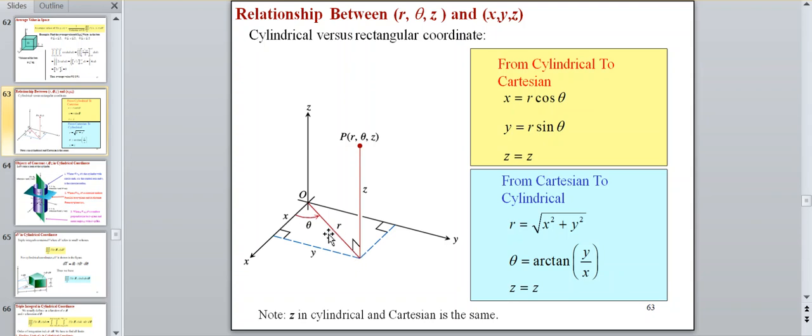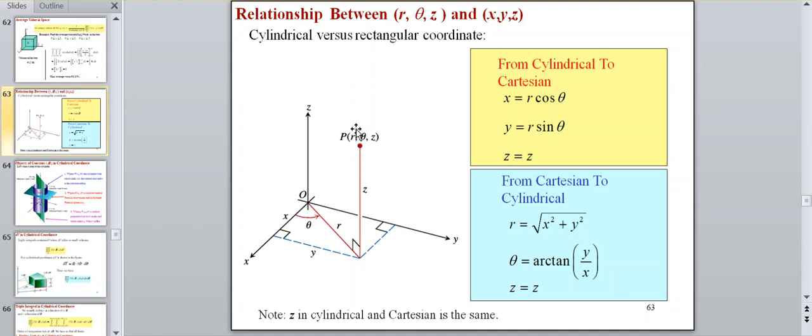So simply you convert this x and y to r and theta. It means you get the equivalent polar coordinates of this point, r and theta, by using these two equations. Then return this point back to its place.